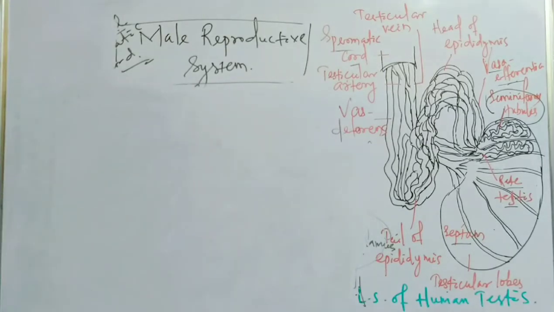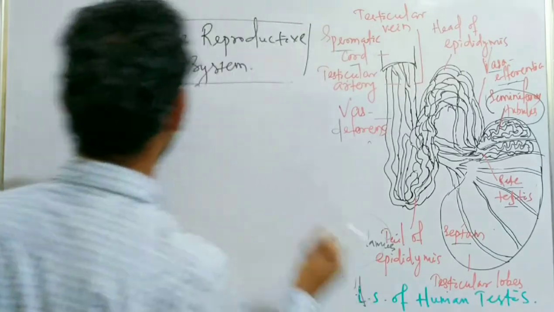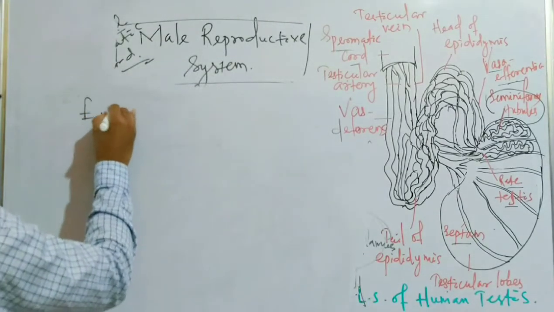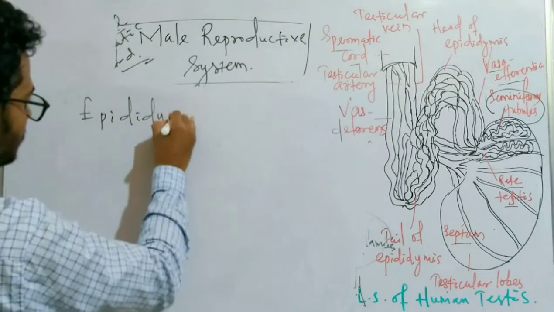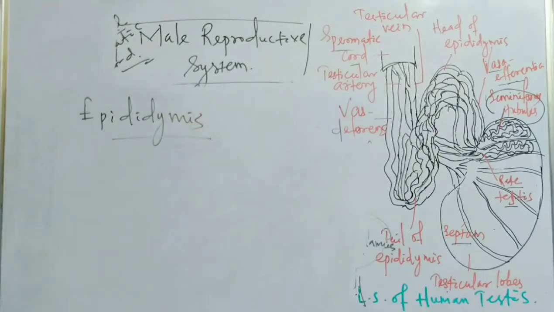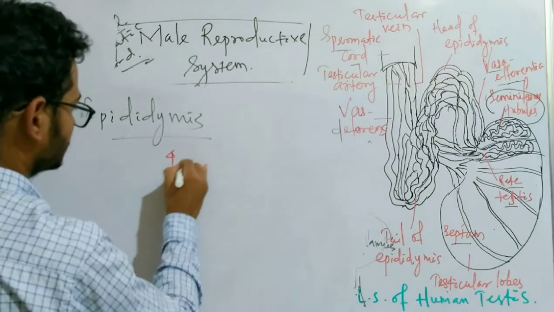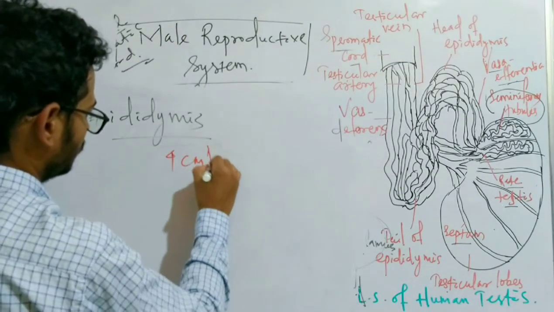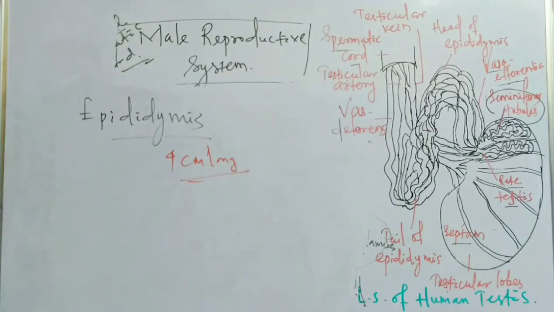So let's discuss the epididymis, which is a comma-shaped structure. Okay. So this is a comma-shaped, 4 centimeter long structure.